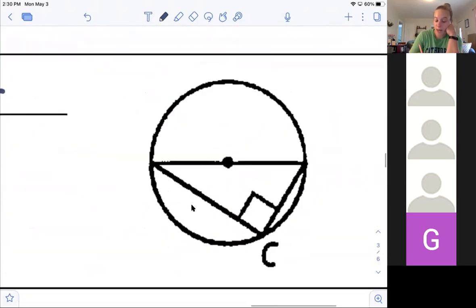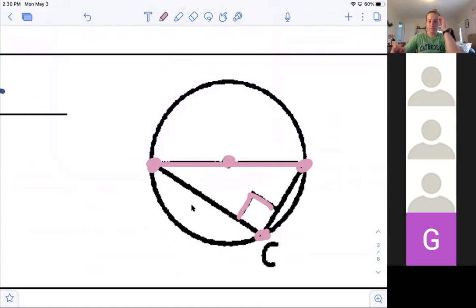Because of the way it's physically drawn, if all my points are on the circle and I have a right angle, then the only way for that to work is for my hypotenuse to be the same thing as the diameter. It goes right through the center and all the way across the circle.